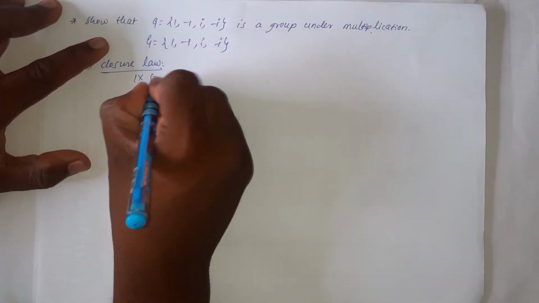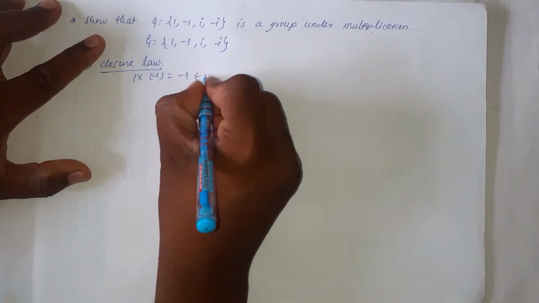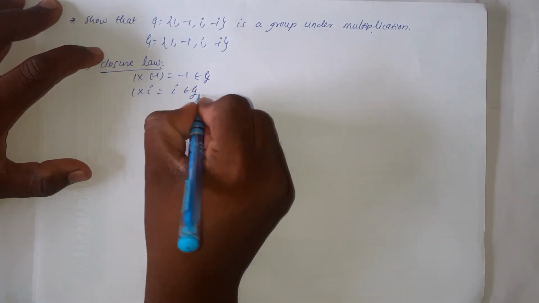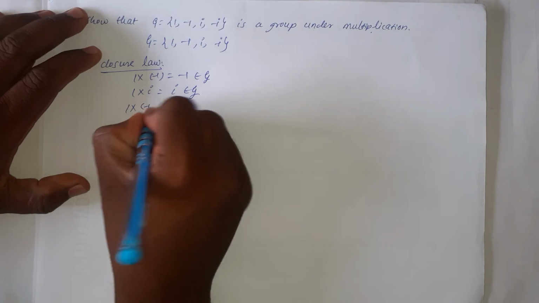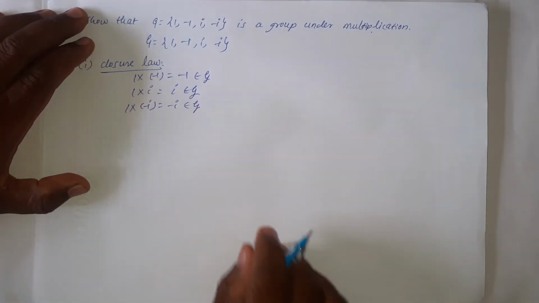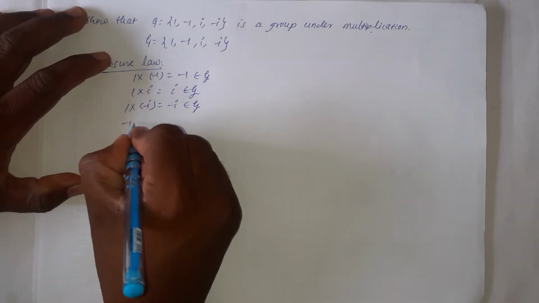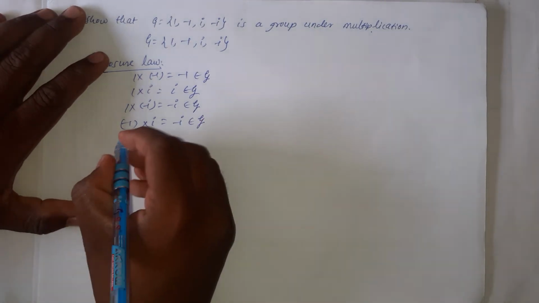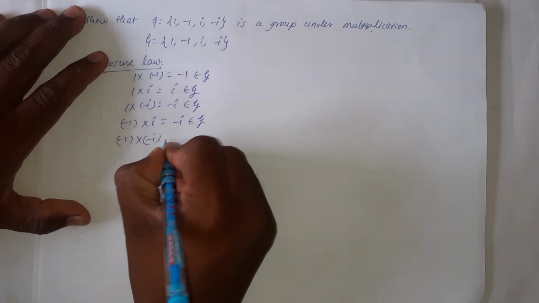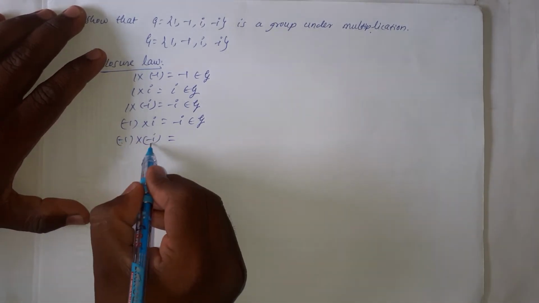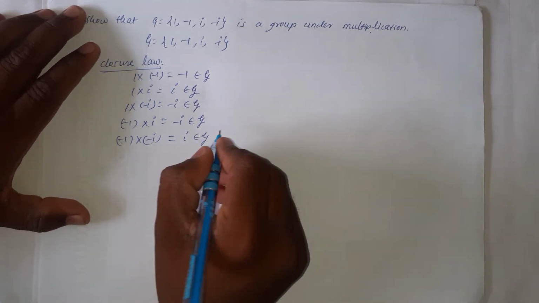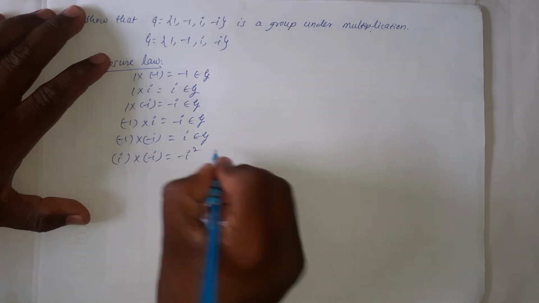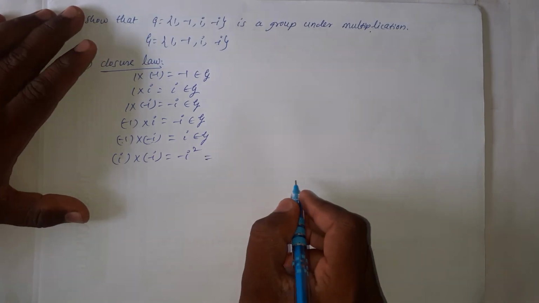First, 1 into minus 1 is equal to minus 1 and this belongs to G. Then 1 into i is equal to i, that is also in G. 1 into minus i, its product is minus i, which is an element of G. Then minus 1 into plus i is equal to minus i, that belongs to G. Then minus 1 into minus i: minus into minus becomes plus, so it is plus i, that also belongs to G. Then i into minus i is minus i square, and we know that the value of i square is minus 1.